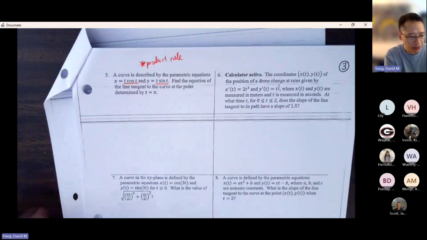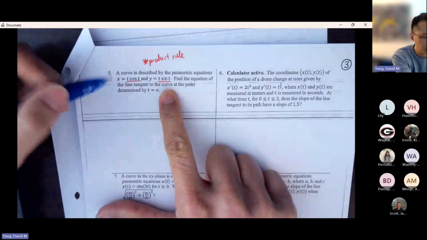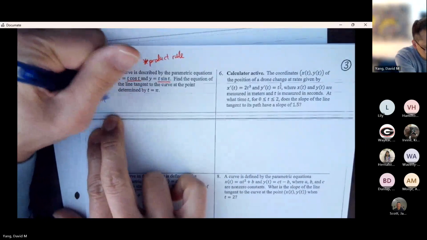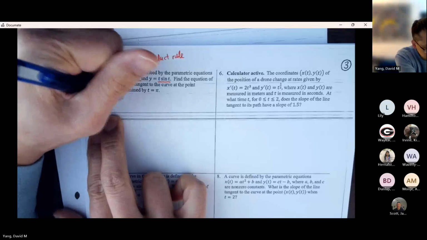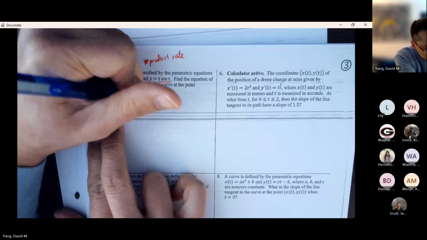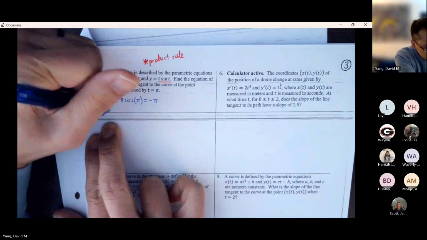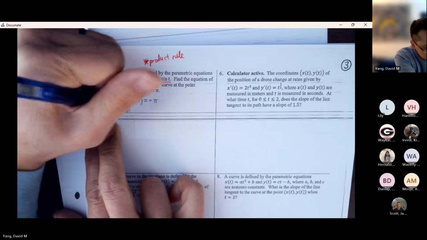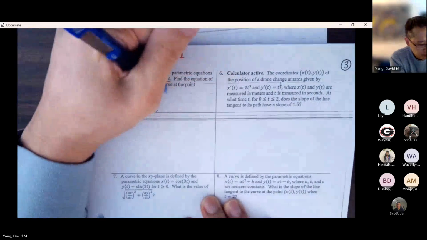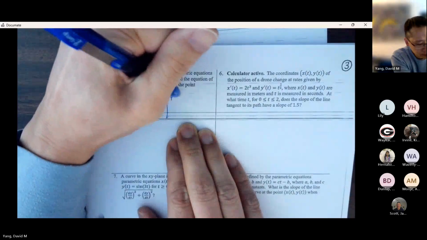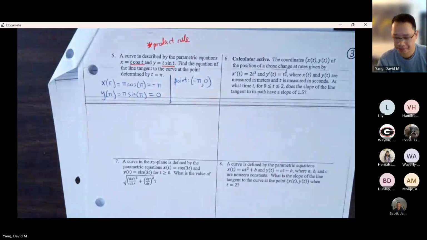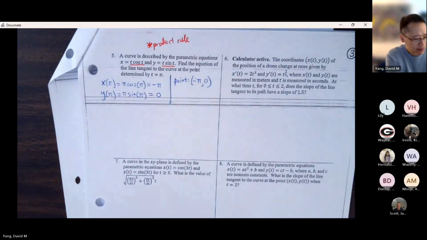Let me start off with the ordered pair though. So plug pi in for t. You get the x and y at those points. Okay, derivative.